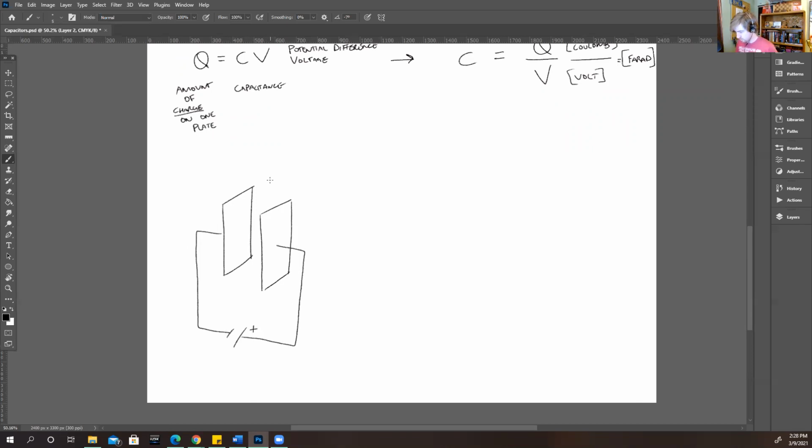This is just a 3D picture of it, and there's this voltage difference between the two plates. That voltage difference between the two plates is the same as the voltage supplied by the battery.